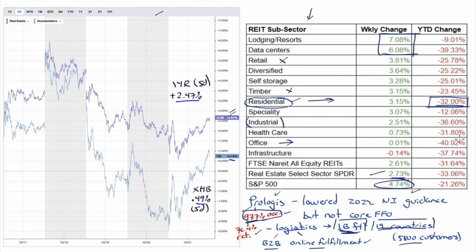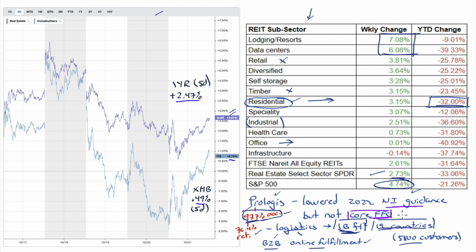Now, they did lower their 2022 net income guidance, primarily because they said that they're going to pull back on development for now. So in that guidance was that, well, this facility would come online, they would buy this one, expand this way. That's been pulled off. That has changed, but not their core FFO.